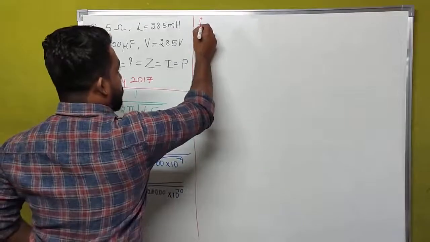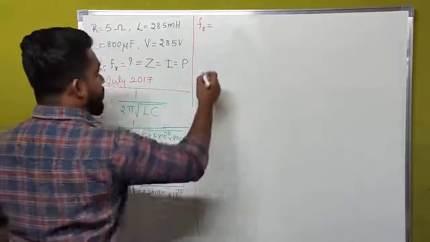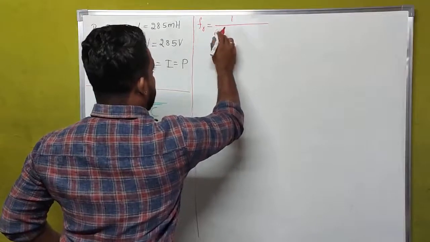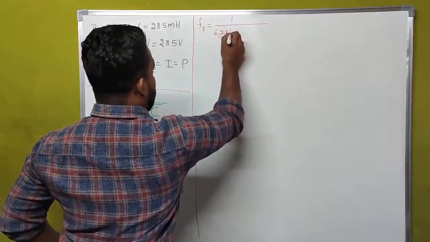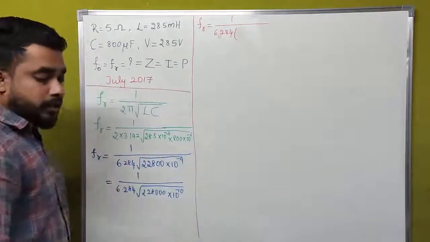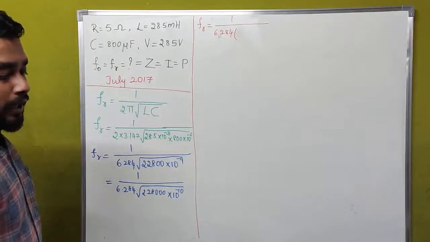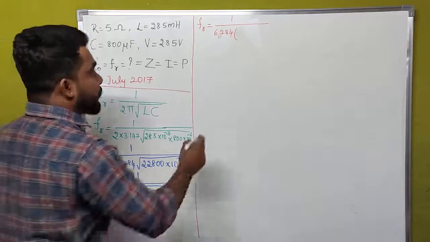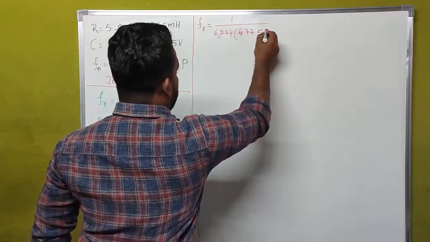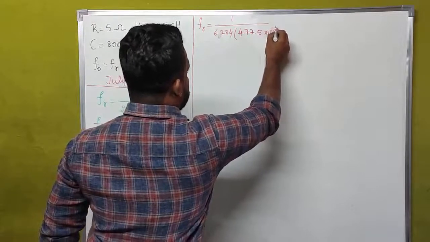Fr is equal to 1 divided by 6.284 into the square root of 2,28,000, which is 477.5 into 10 to the power of minus 5.